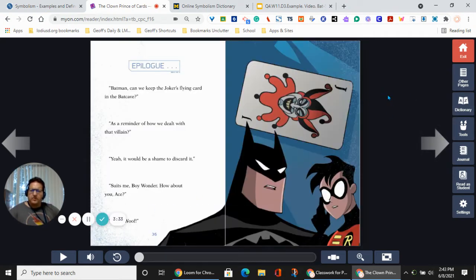And at the end of the story, Robin asks Batman if they can keep the card in the Batcave to remind them of how they won the day that time. Really, more a reminder of the dog, I would think. And Batman says it'd be a shame to discard it. Oh boy.